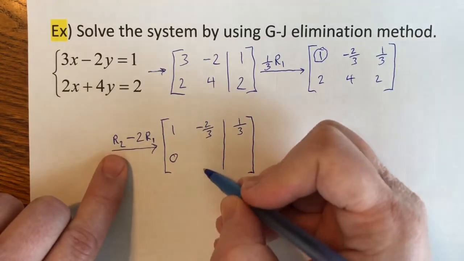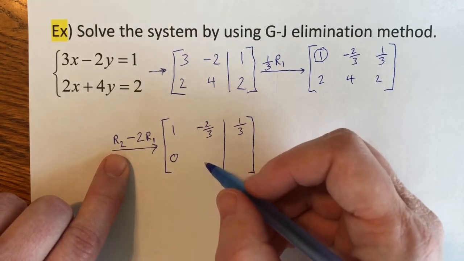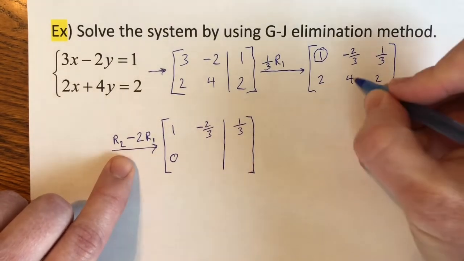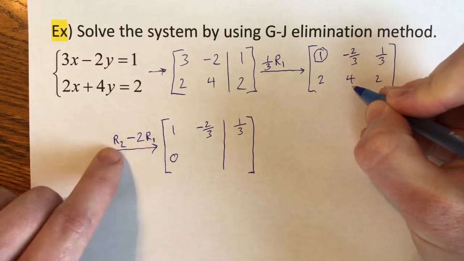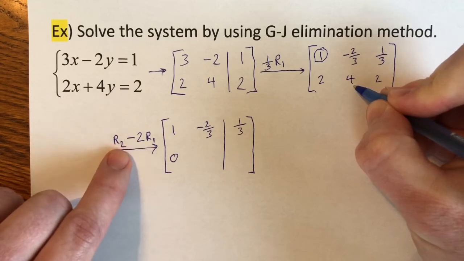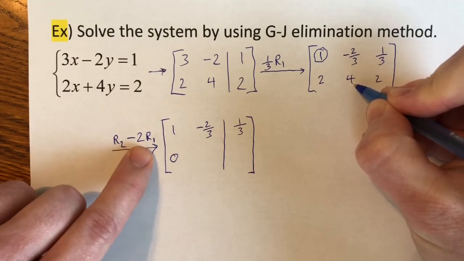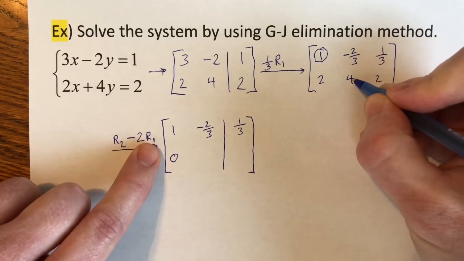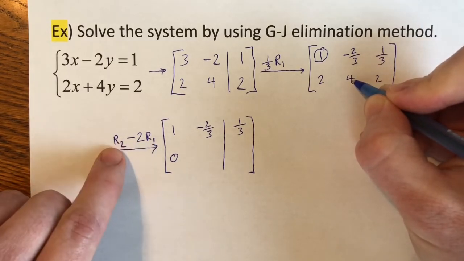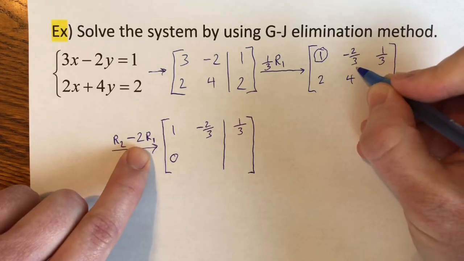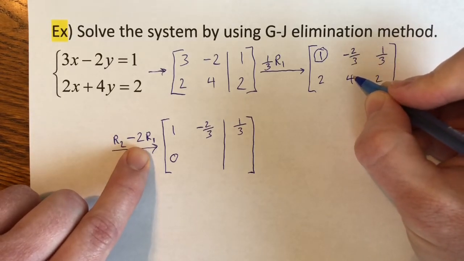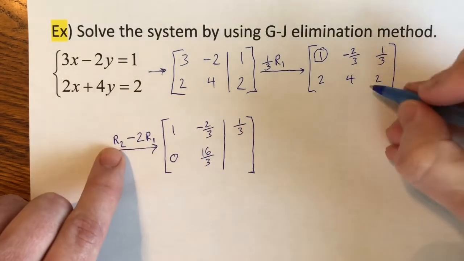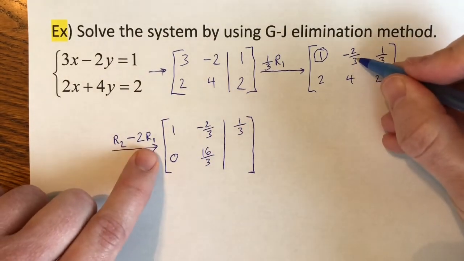All right, now it gets a little more challenging. If you want to use your calculator to perform these computations, that's certainly fine. So we're moving on to column 2, performing the same row operation here. 4 minus 2 times -2/3. That will result in 16/3 because you get 4 plus 4/3.